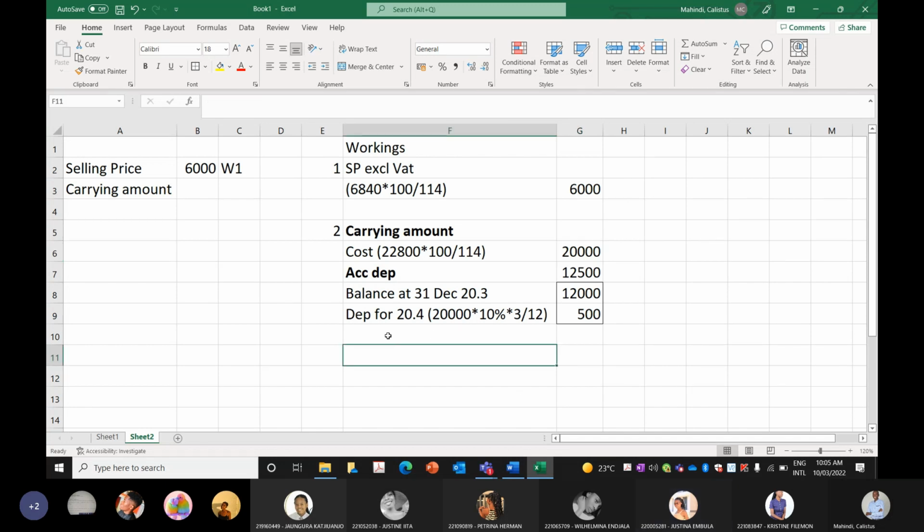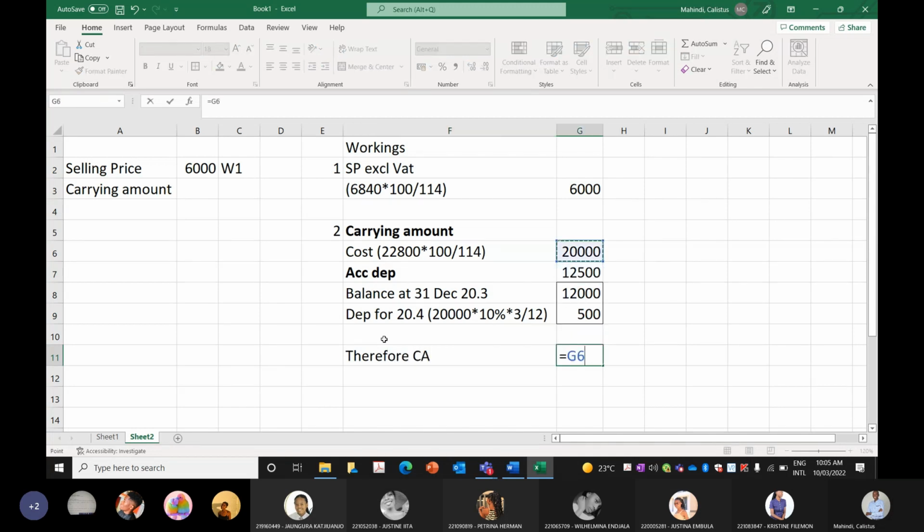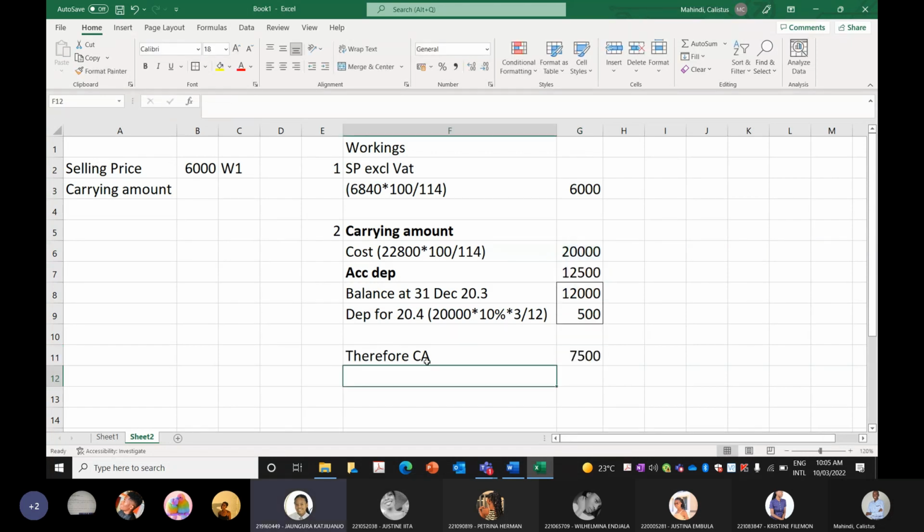So therefore, carrying amount 20,000 minus 12,500. We're going to get 7,500. So our carrying amount is 7,500.